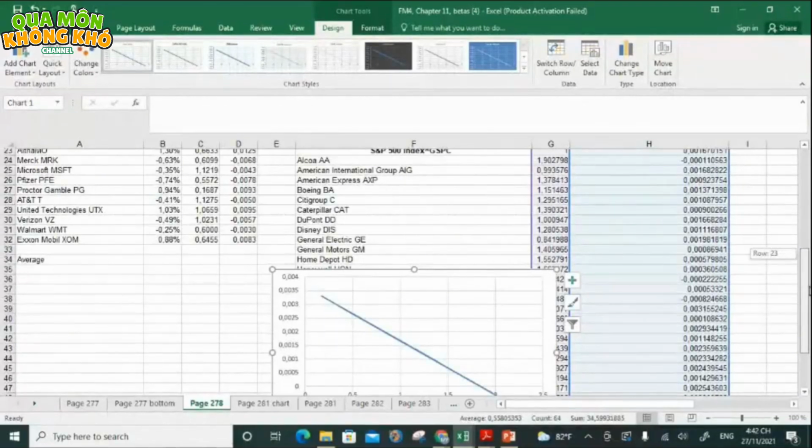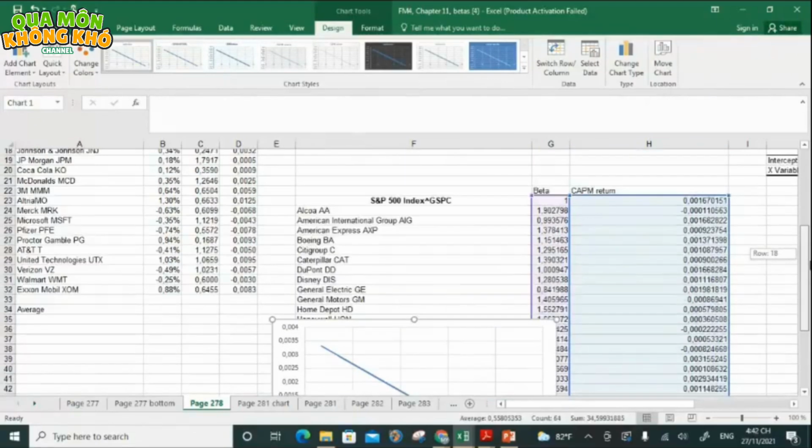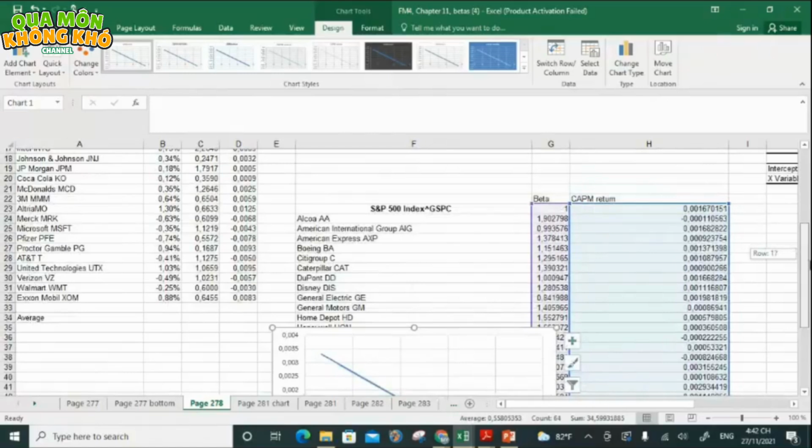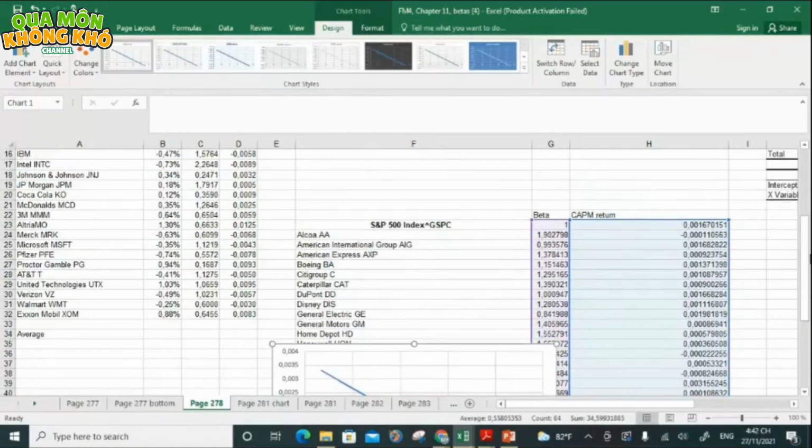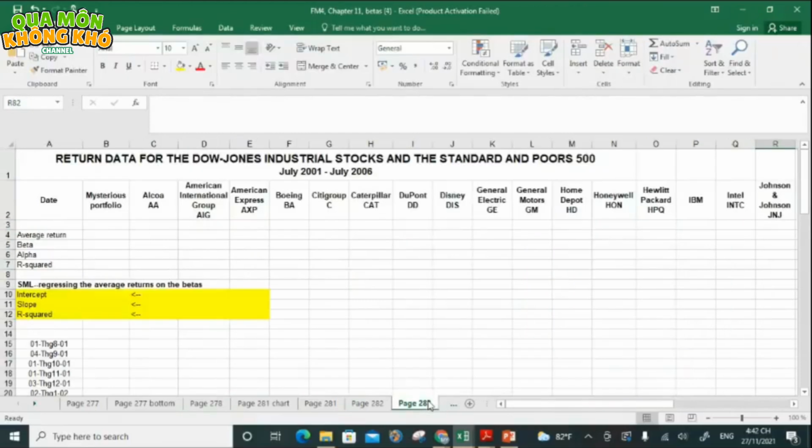But in this case, we may have a wrong calculation for the two reasons I just told you. So I will move on to the next part.